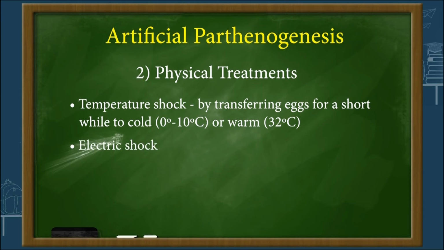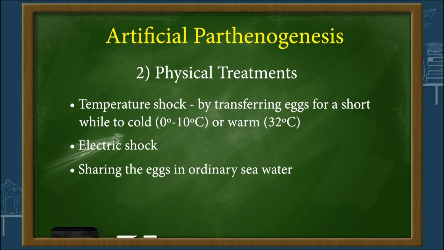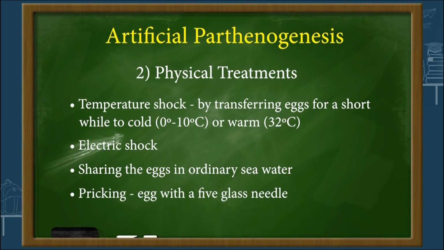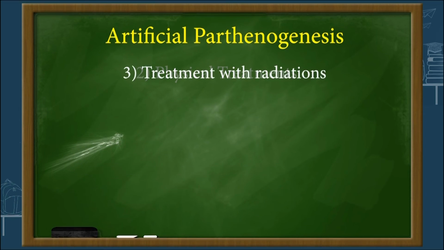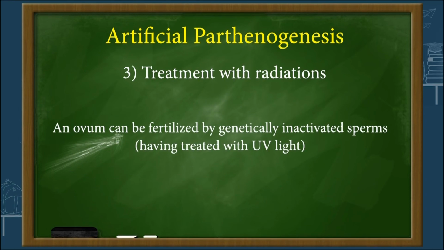They can also be given electric shock, or the eggs can be shaken in ordinary seawater, or you can give a prick. The egg can be given a prick with a fine glass needle. So, the treatment with radiations: an ovum can be fertilized by genetically inactivated sperms that have been treated with UV light.